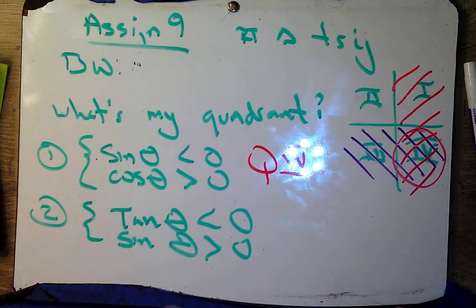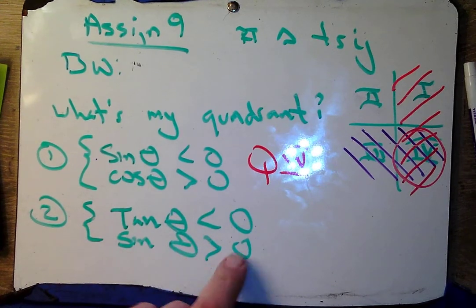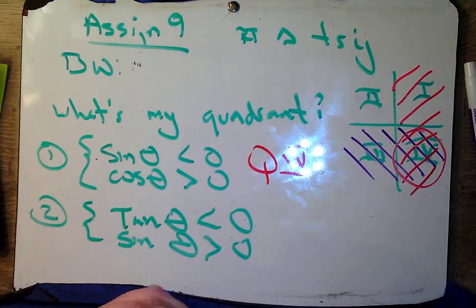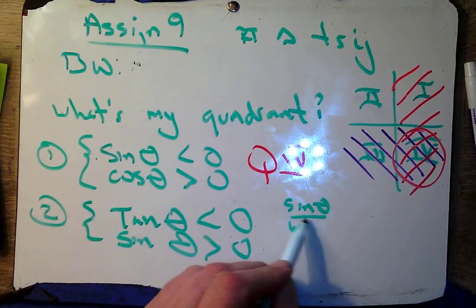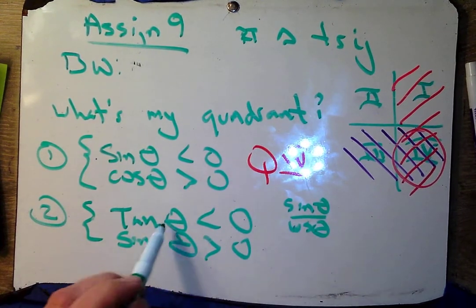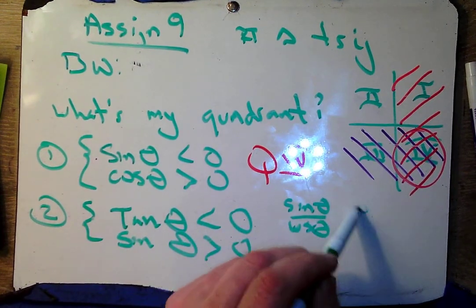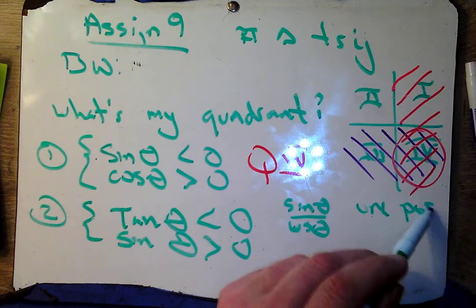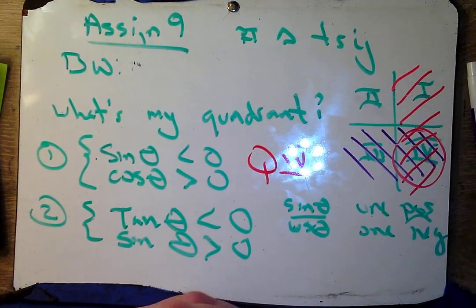Theta, the angle, lives in which quadrant if tangent is negative and sine is positive? Well, remember that tangent is sine over cosine. And in order for this to be less than 0, one of these is positive and one of them is negative. And where does that happen?